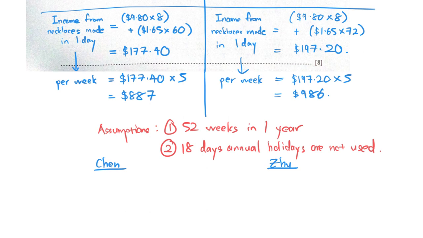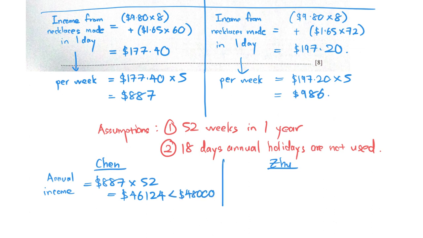For Chen, because this is per week, the annual income would be 887 multiplied by 52 weeks to get $46,124, less than the advertised 48,000.